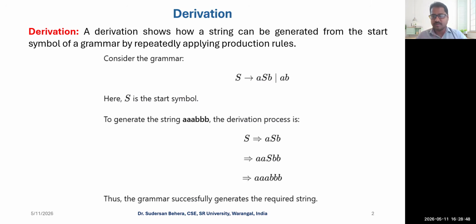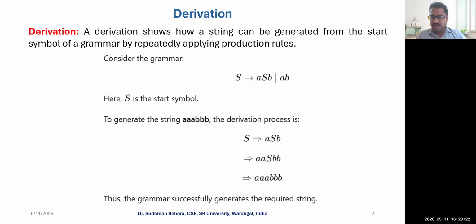Instead of writing them one after another, the author suggested a very nice mechanism to write them in a single line. Whenever you are using a vertical bar, it indicates that there are two productions. S has two productions: one is aSb, and the other one is ab. This is also one way of writing the productions.